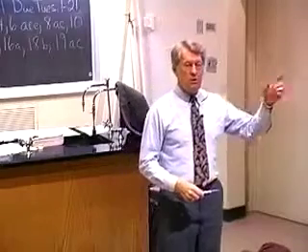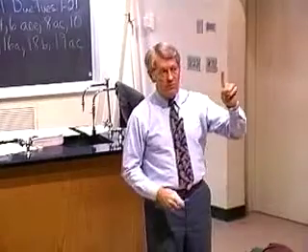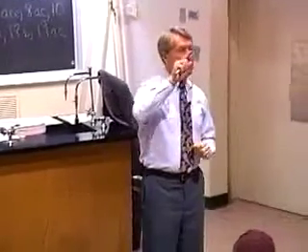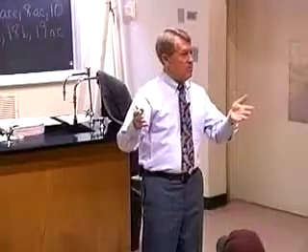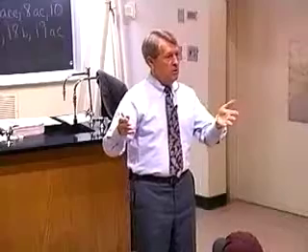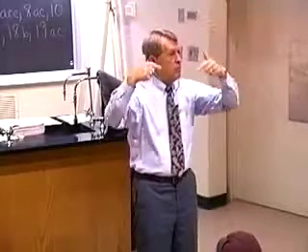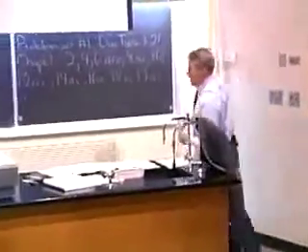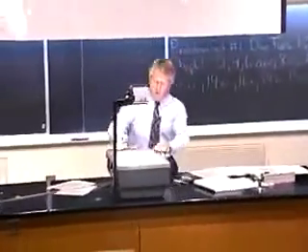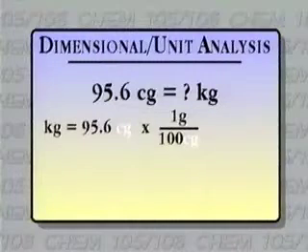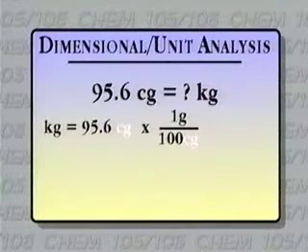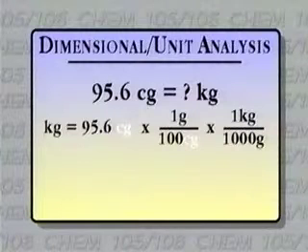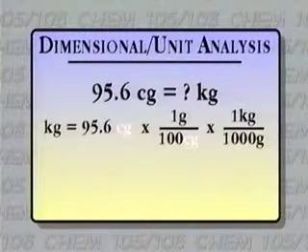In this case, we know that kilo stands for the prefix of what? 1,000. So 1 kilogram contains how many grams? 1,000. Or we can say 1,000 grams per 1 kilogram. We can use it in either fashion that we want. Well, we're going to multiply now by 1 kilogram per 1,000 grams. Notice now our grams will cancel.